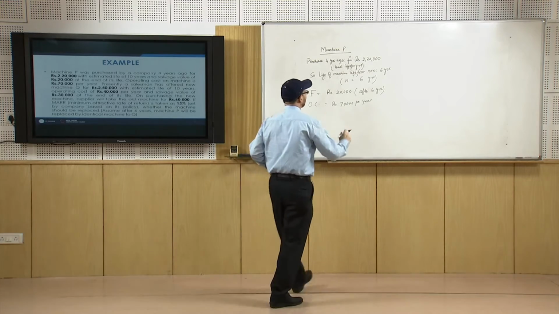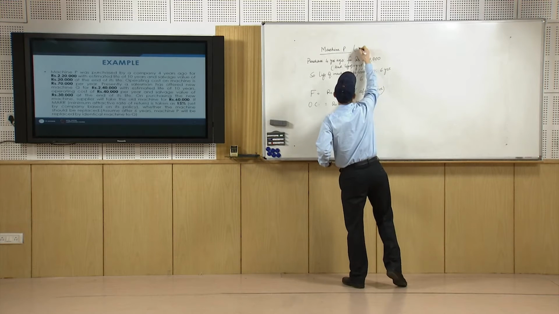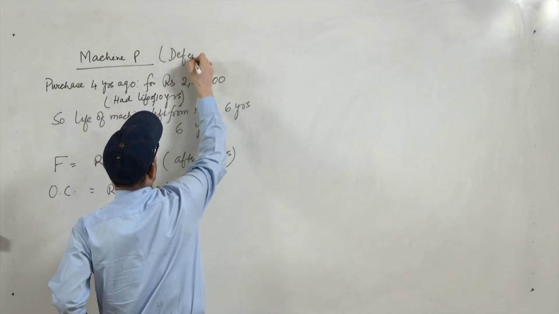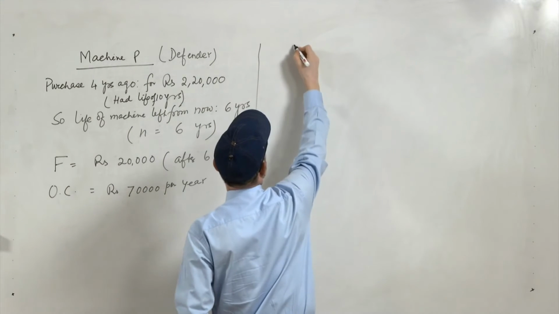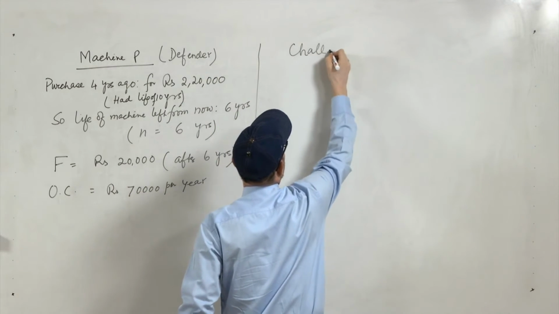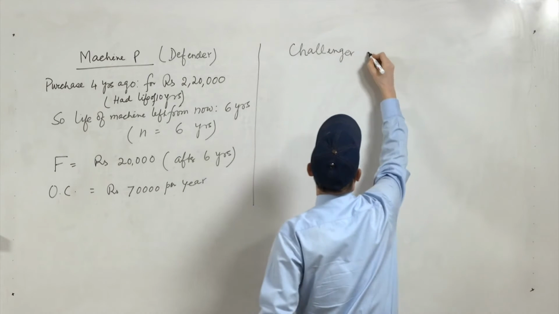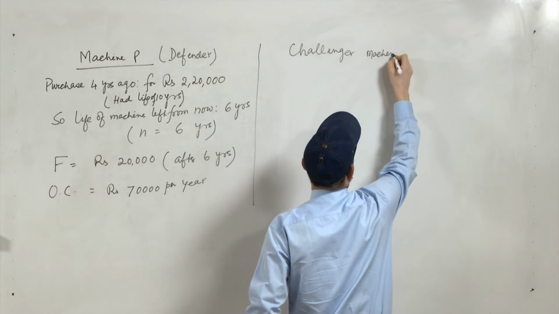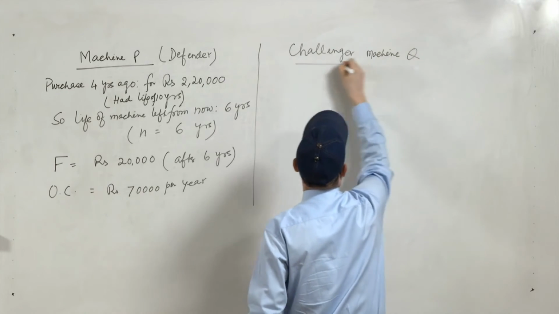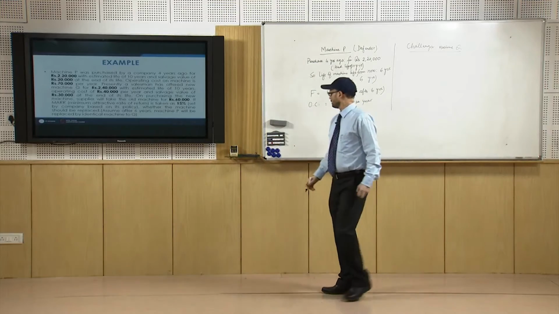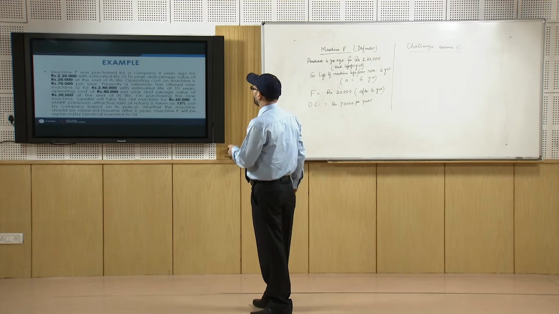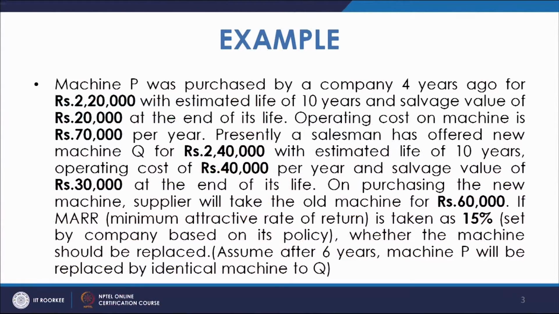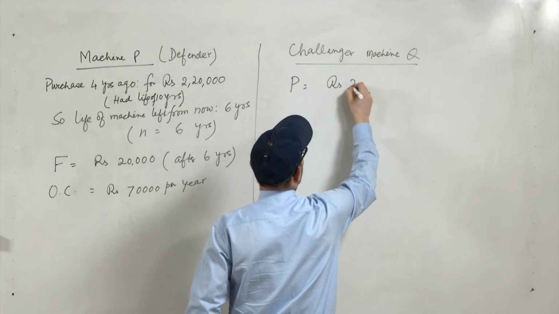Now you have another machine. So this is your Defender. Now you have a Challenger machine Q. This machine is purchased for rupees 2,40,000, so its P is rupees 2,40,000.